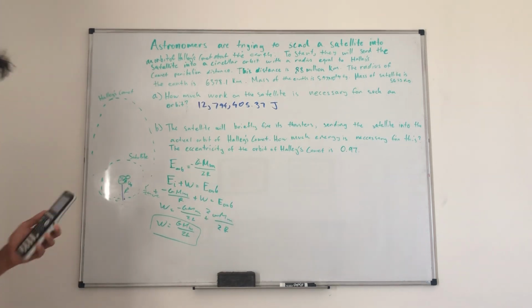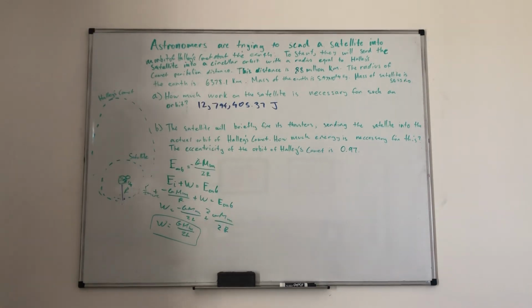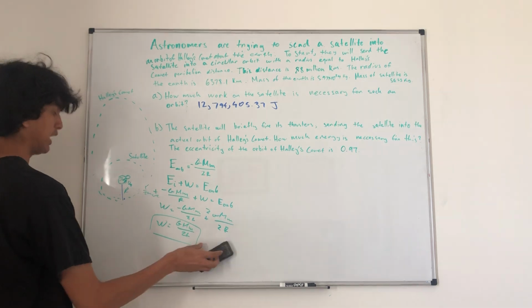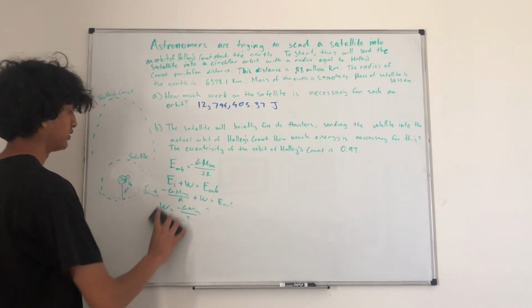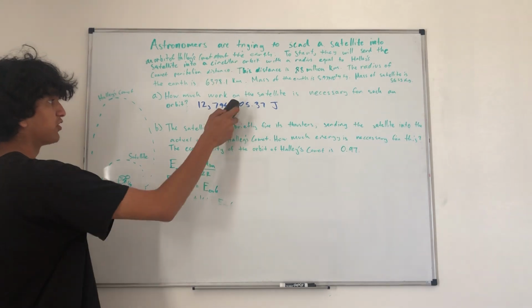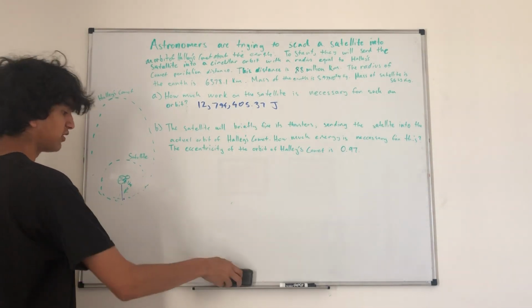So that's how much energy you would need, probably in terms of fuel. And then you can very quickly find out how fast you would need to be moving. So that's pretty cool. Now let's get on to the next part.